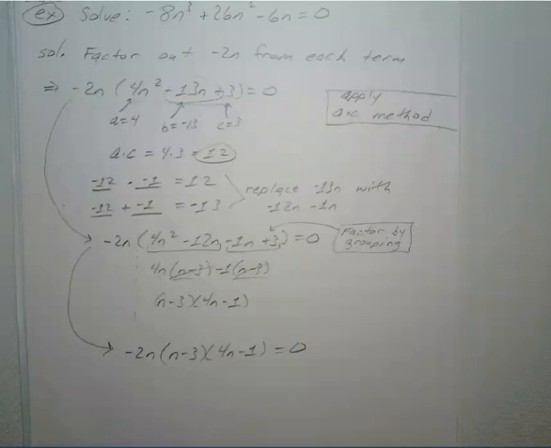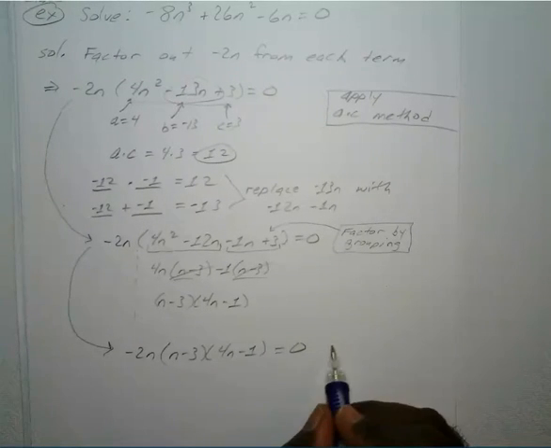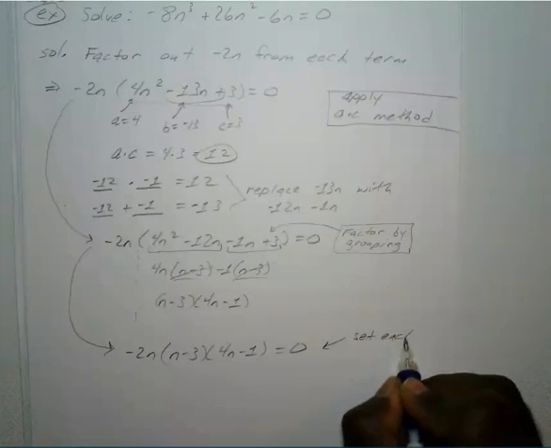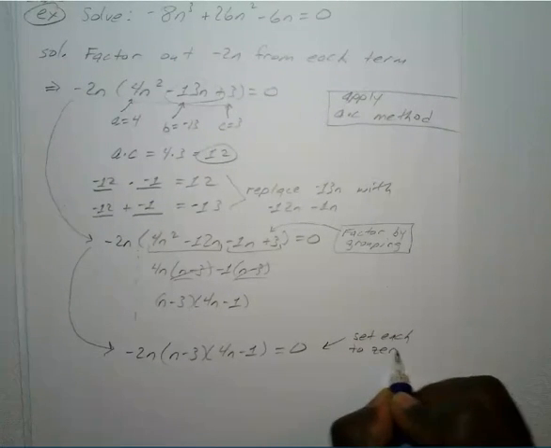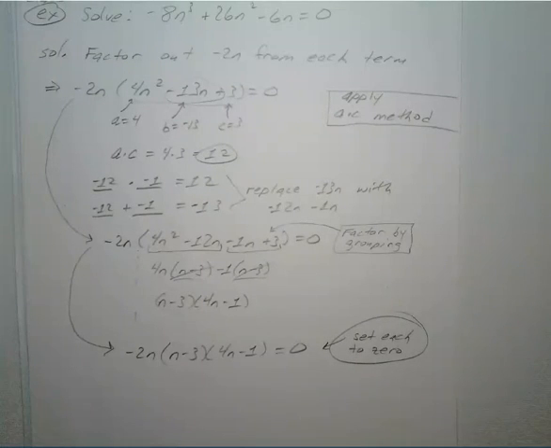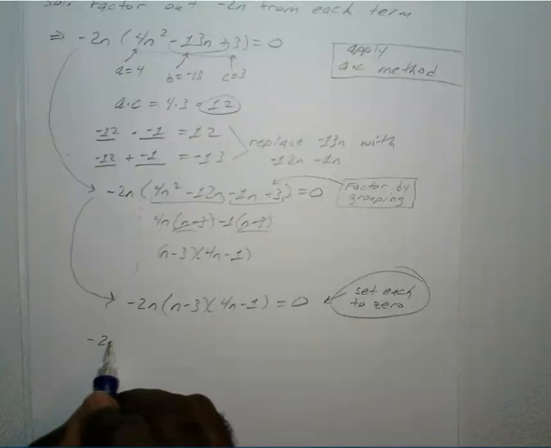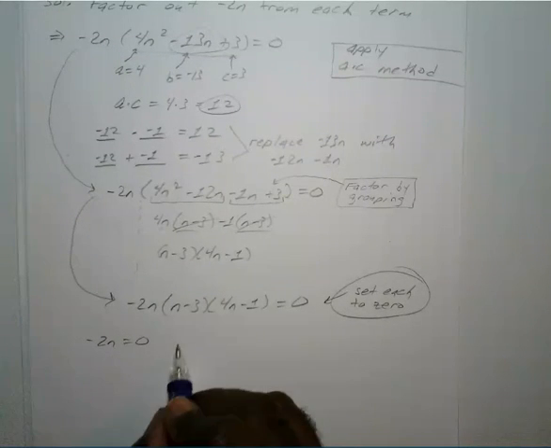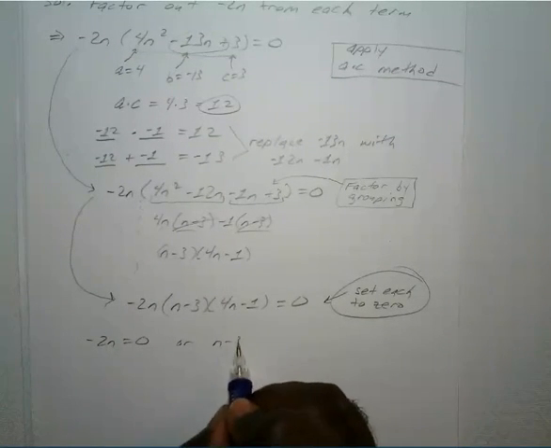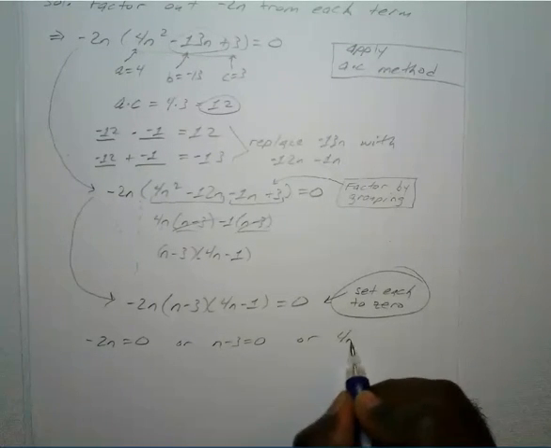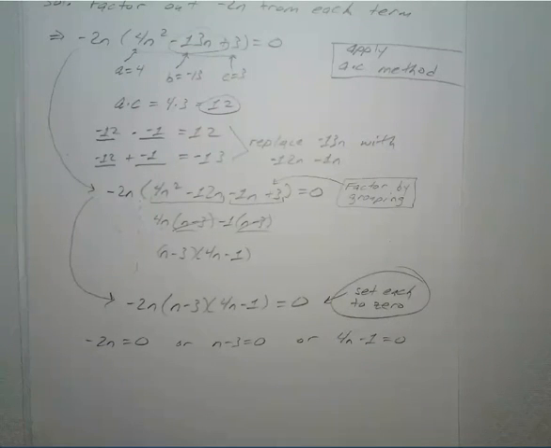Okay. So even though the A times C method is a little more work, it's not too bad once you have the process down. Okay, so again, we set each factor to 0. So that's negative 2n equals 0, or n minus 3 equals 0, or 4n minus 1 equals 0.